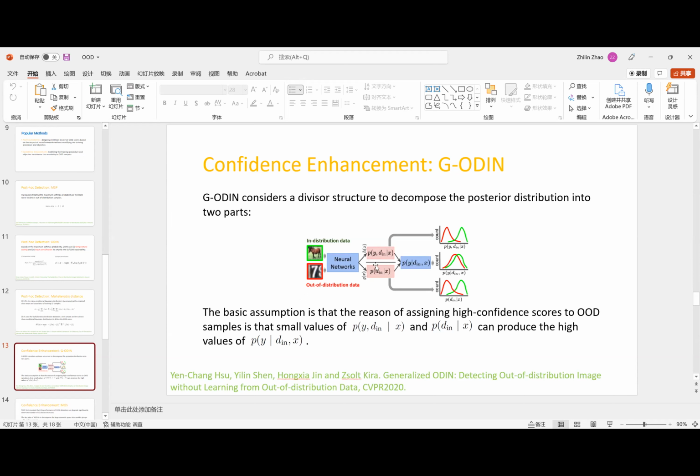That's the main reason why your network provides high confidence predictions for OOD samples. So this method divides the posterior distribution into two parts, and then uses this part as the OOD score to distinguish in-distribution and out-of-distribution samples.